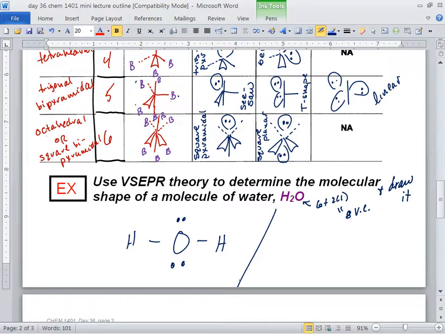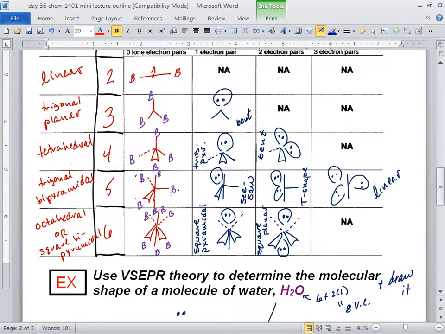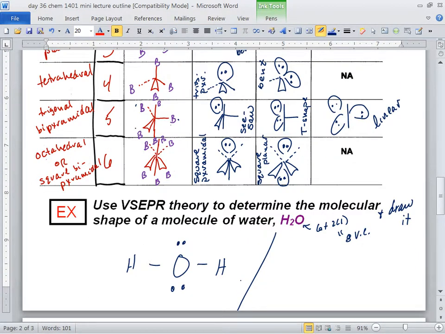So, where am I at in this table? My total is what? The total is the number of surrounding atoms plus the number of lone pairs. How many surrounding atoms? 2. How many lone pairs? 2. Yeah, because they're lone pairs, not lone electrons. So I have 2 lone pairs, 2 surrounding atoms. My total is 4.